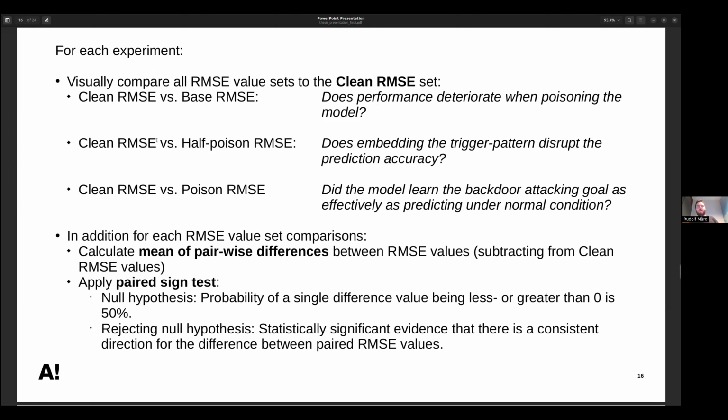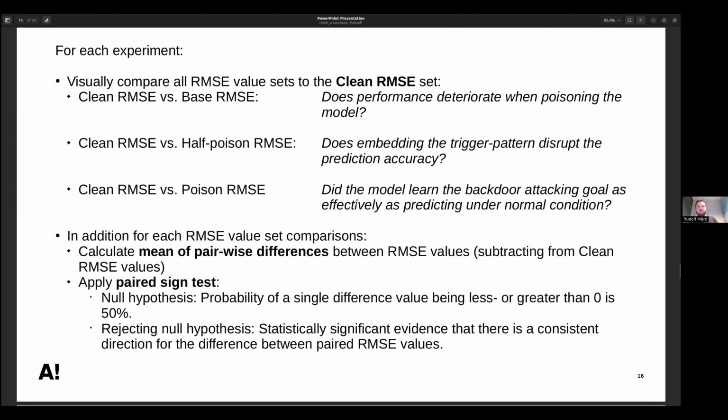Then we have the clean RMSE set versus half poison RMSE set, which tries to answer the question of, does embedding the trigger pattern disrupt the prediction accuracy? So we see how it changes the prediction making capabilities of the model when we have the trigger pattern present.